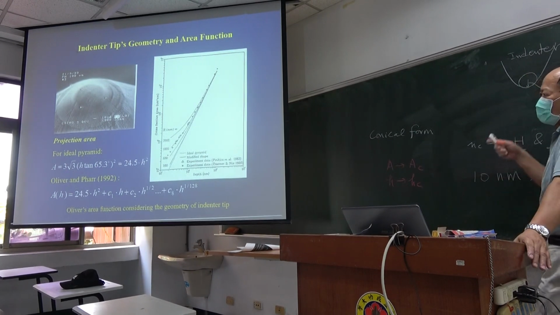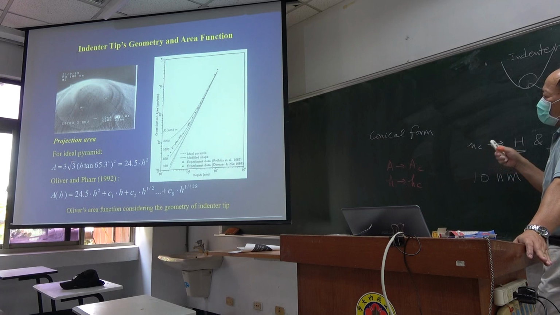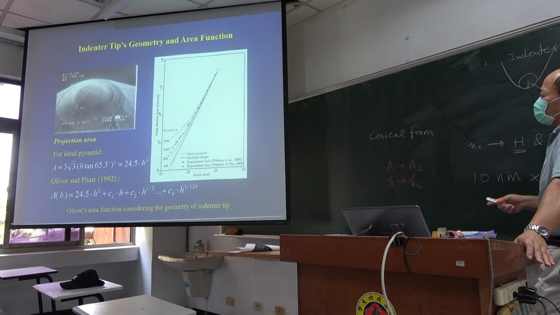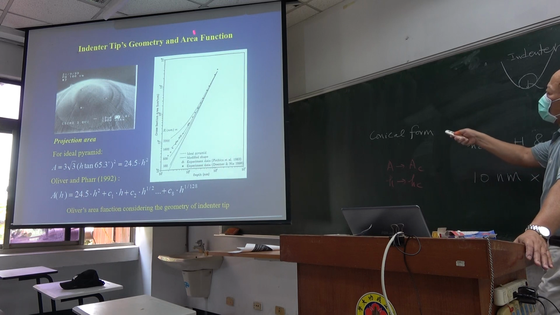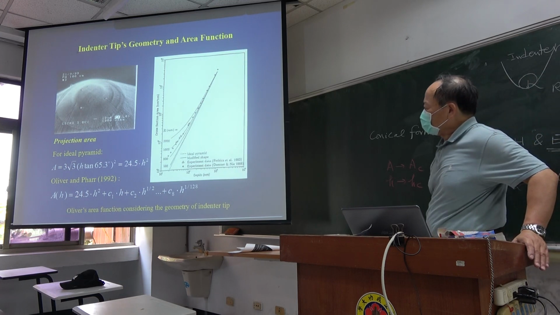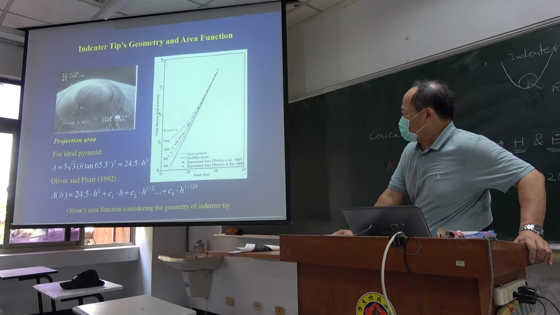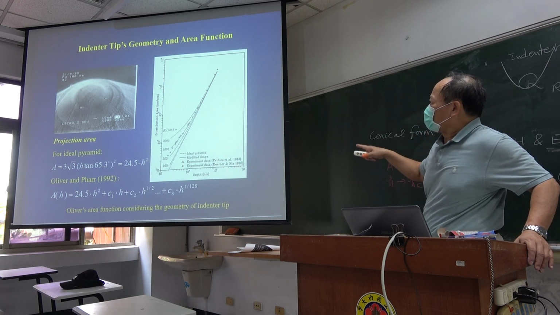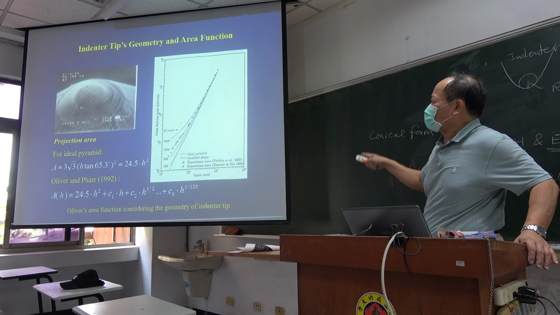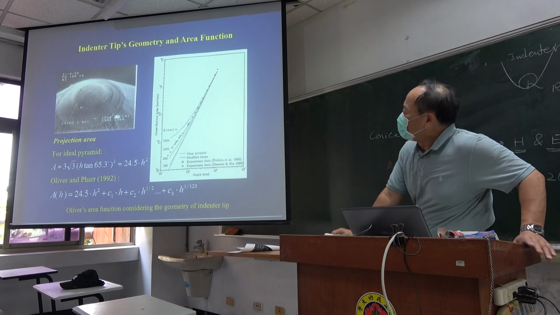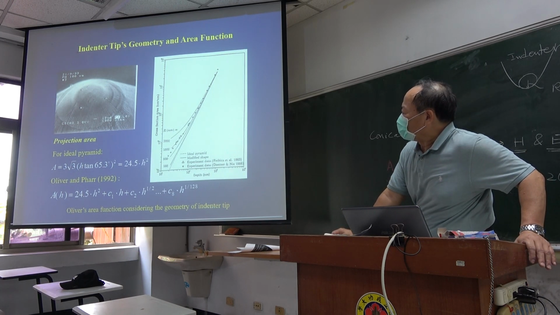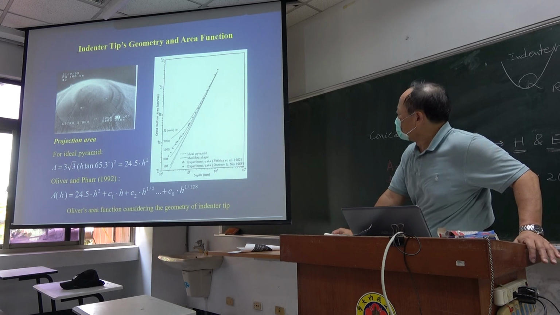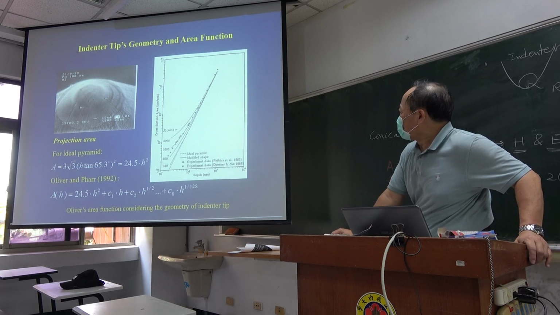That's because of the tip geometric effect on your real contact area function. That is very important. It always exists in our indentation work, and this mistake is very frequently made in our indentation test.